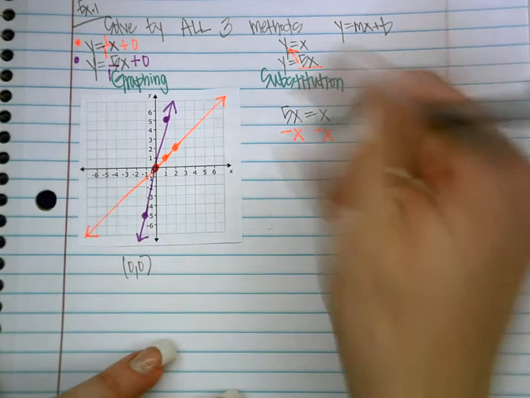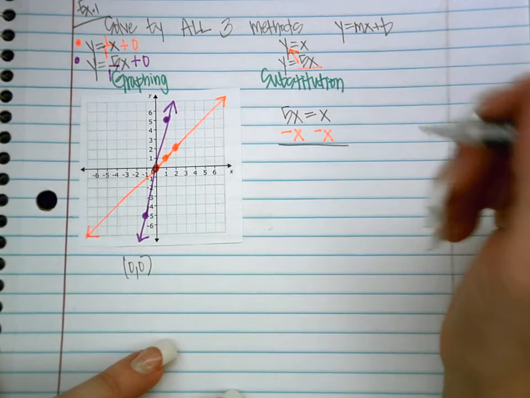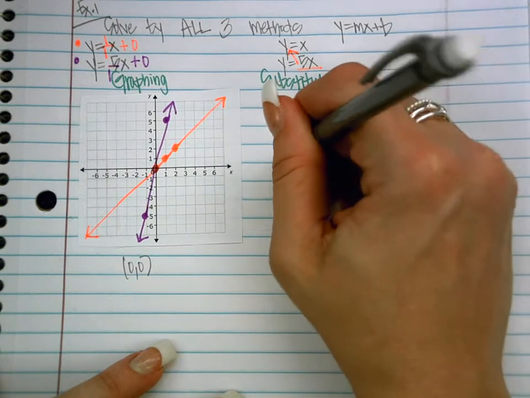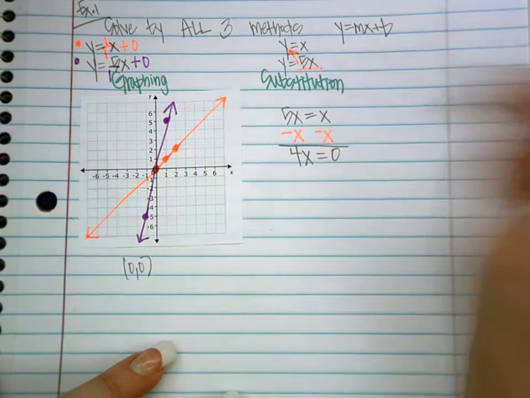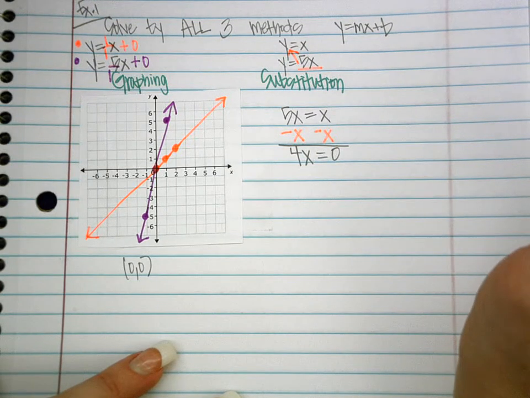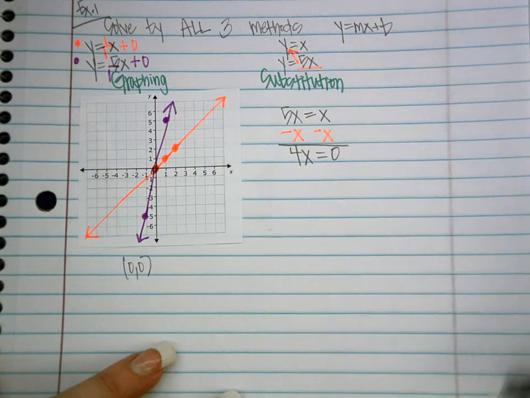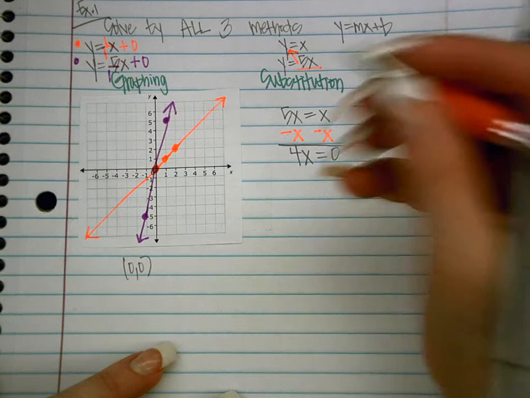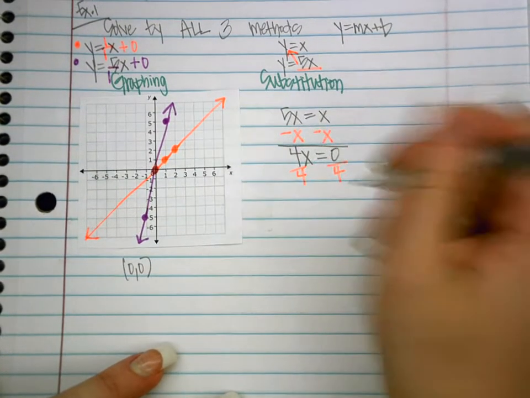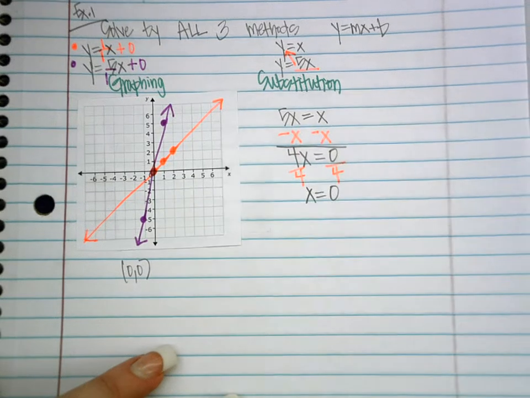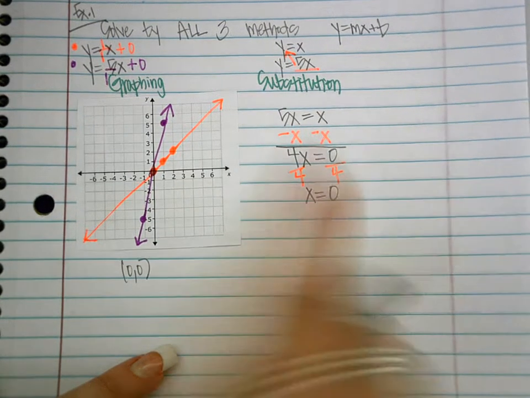What's 5x minus 1x? 4x equals what? 0. Everything went away. Now, how do you get x by itself? Divide by 4. What's 0 over anything? 0. How could you plug in to find the other part?